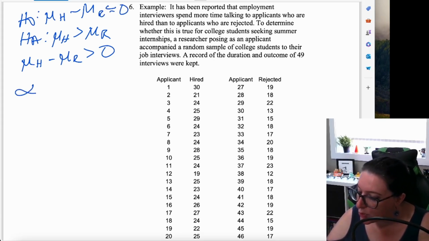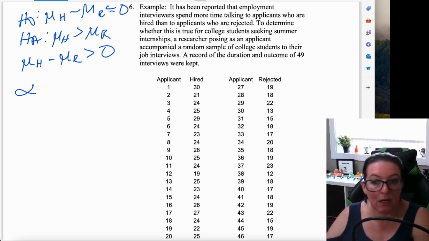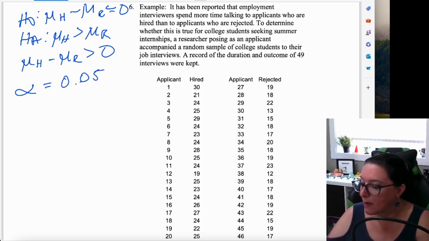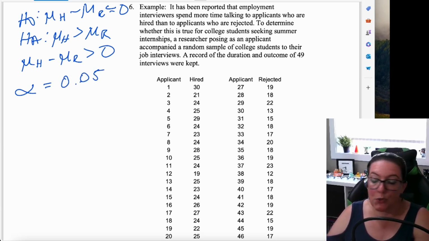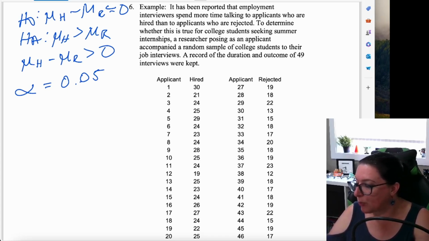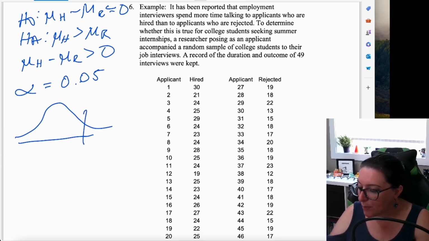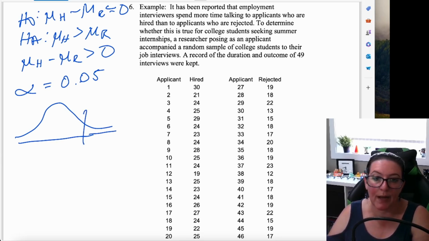So then the next decision we have to make is, what is the level of significance? Let's assume that we're going to do an alpha of 0.05. Then we need to create our decision rule. Here, it's a t-distribution. We are looking at the upper tail because we're looking at greater than.